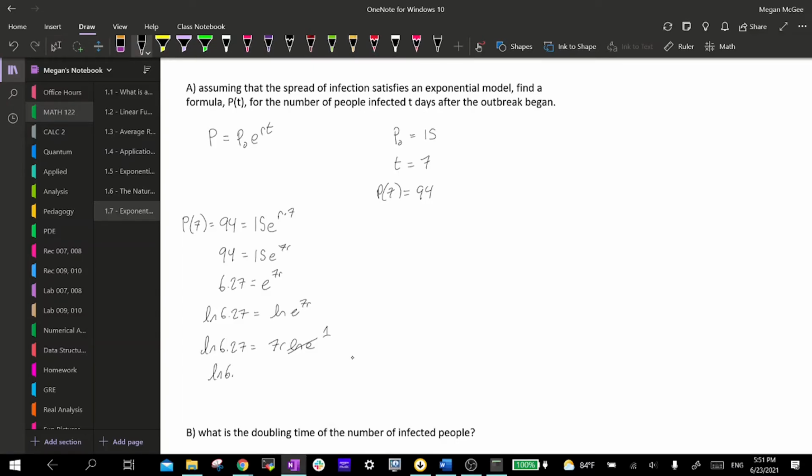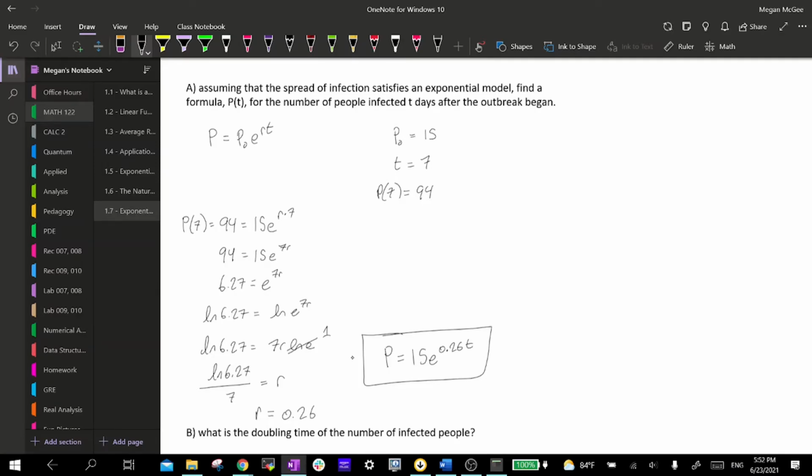We have the natural log of 6.27 over 7, and that's going to be our r value. A calculator says we get r is 0.26. So if we plug this into our equation, P is equal to 15e to the 0.26t. And that is the formula for the number of people infected t days after the outbreak.